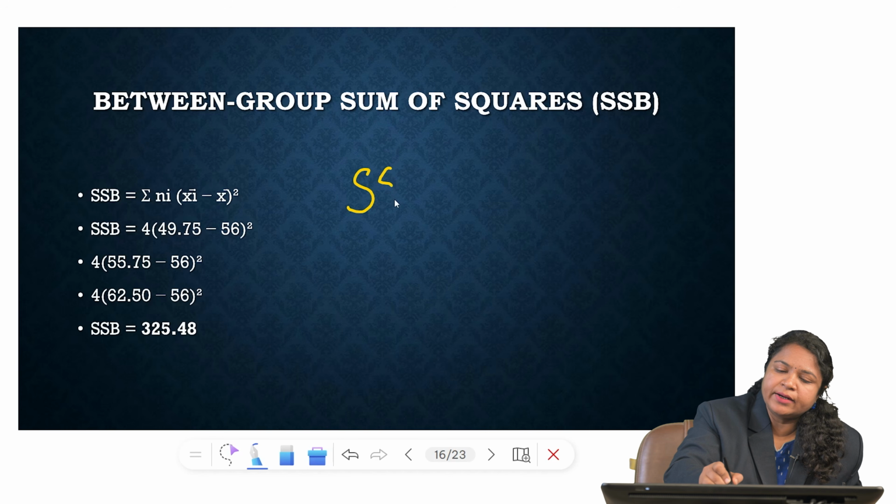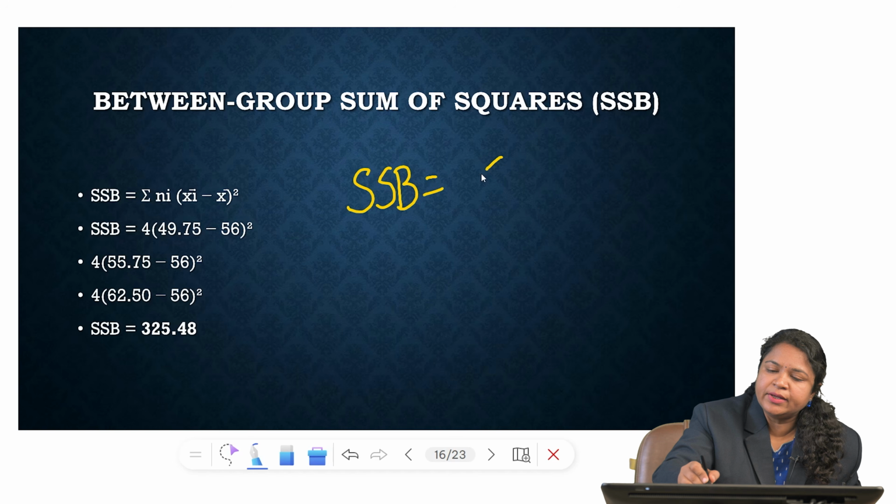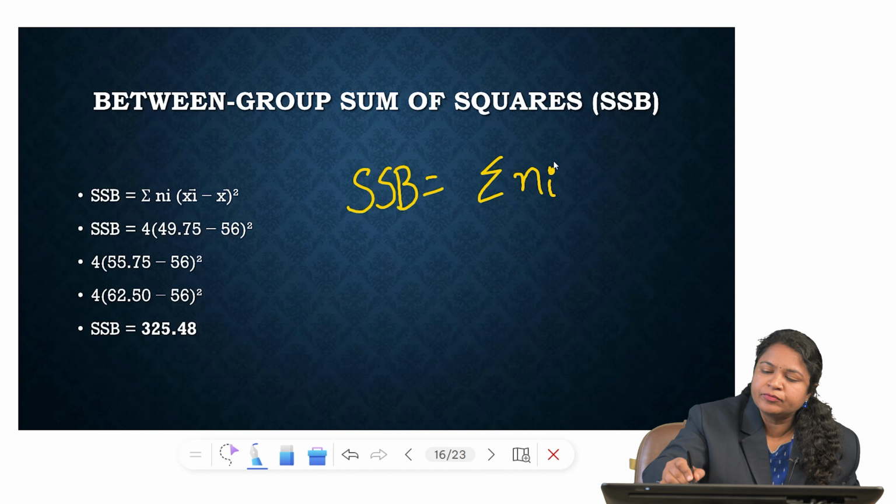Now how to calculate SSB? For SSB, we take the group means and sum over the groups, each weighted by the number of observations.